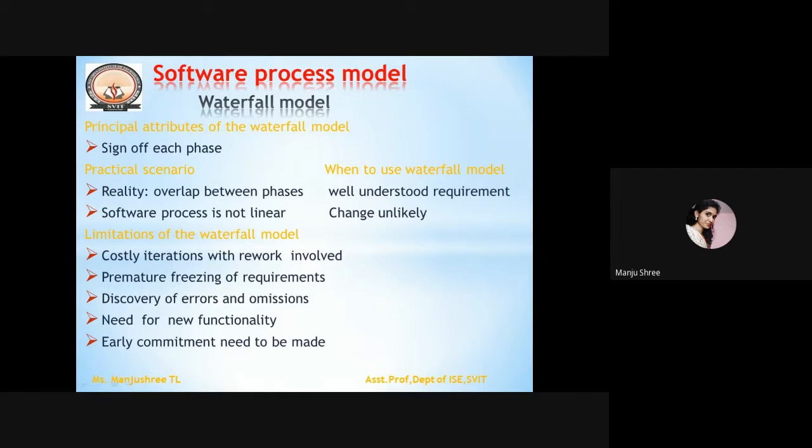It is a cascading model, and you need to go back to the previous phase and start again from the first phase. So changes are unlikely and requirements should be well understood. In complex projects or complex software development, the waterfall model can't be used. That is one limitation, and also when you can use the waterfall model.